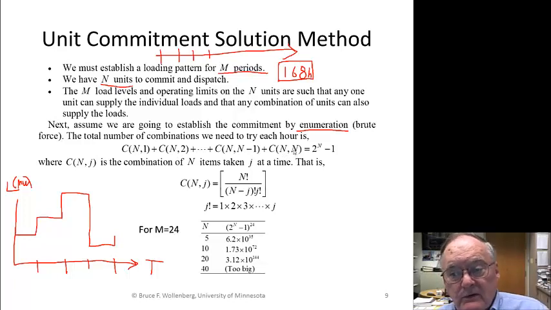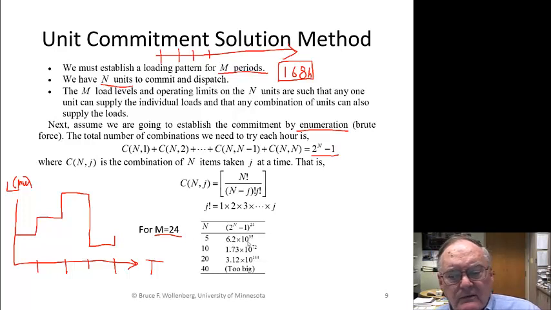There's only one of those. And when you sum that all up, it's 2 to the N minus 1. Well, if N is 100, this gets to be a gigantic number. And to do it for M time periods, it's 2 to the N minus 1 raised to the number of hours. Well, in this example, we said M equals 24.